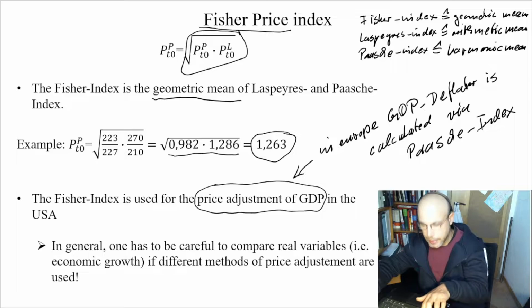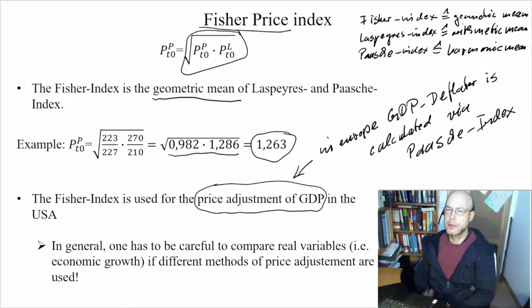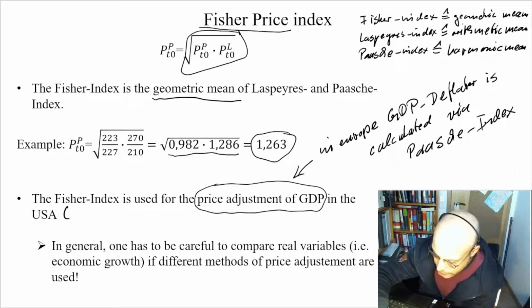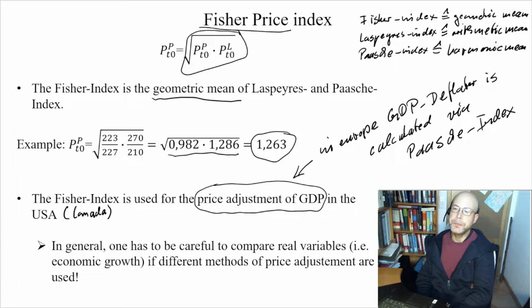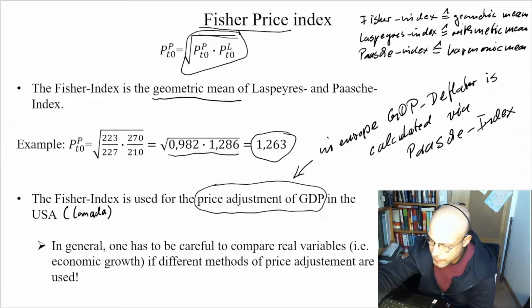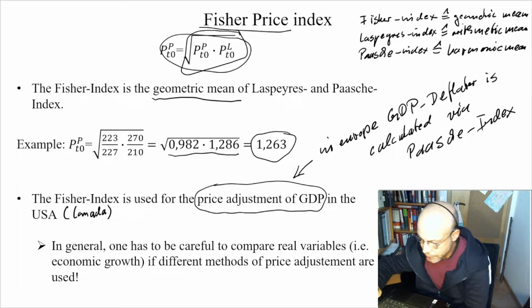while in the United States, and I also looked it up in Canada, the price adjustment in economic time series or of GDP is done via the Fisher price index.